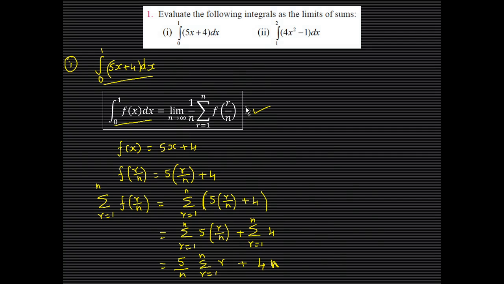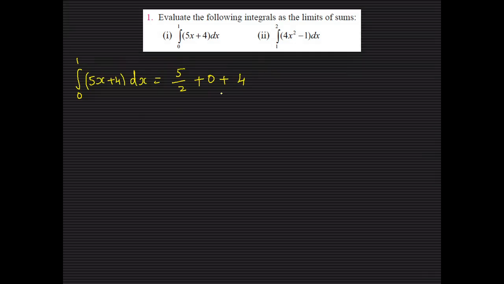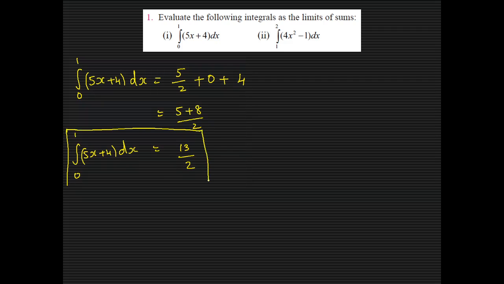Now we will add these terms. 5 by 2 plus 4 is 13 by 2. So therefore integral 0 to 1 of 5x plus 4 dx is equal to 13 by 2. That is the answer for the first subdivision. Clear?